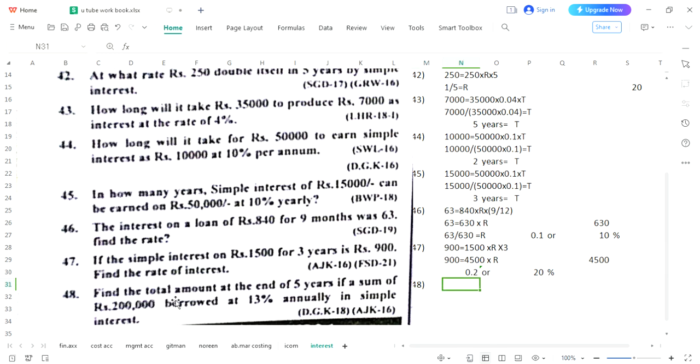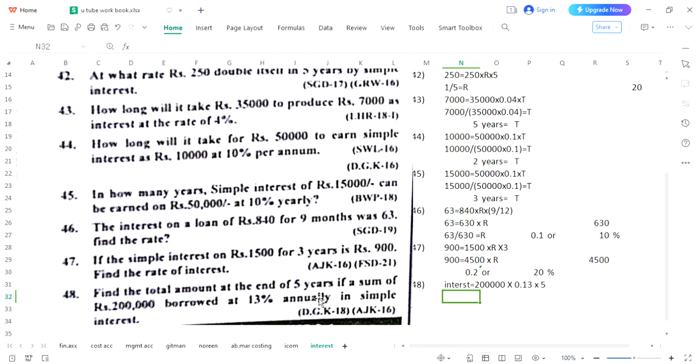First we will calculate interest. Interest is unknown over here. Principal amount is 2 lakh. You need to multiply it with rate. Rate is 13%, 13 divided by 100, that means 0.13. Again multiply with time. Time is given over here as 5 years.